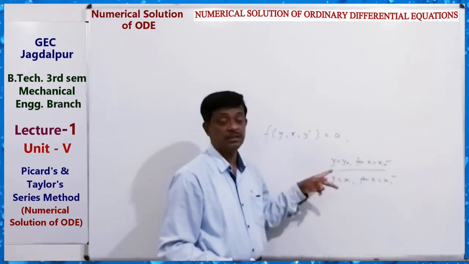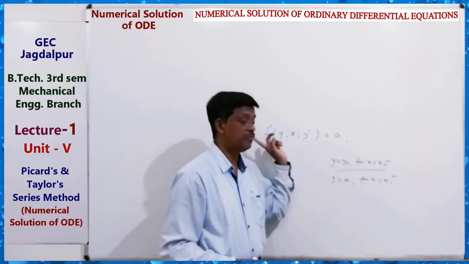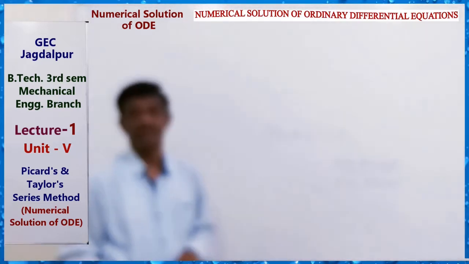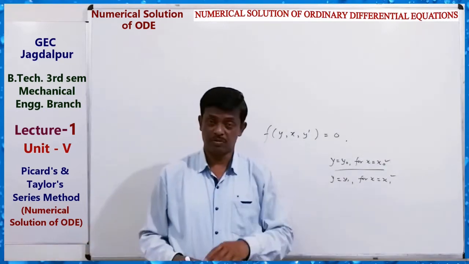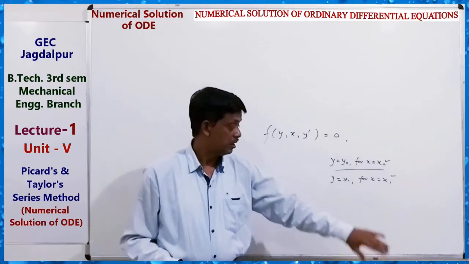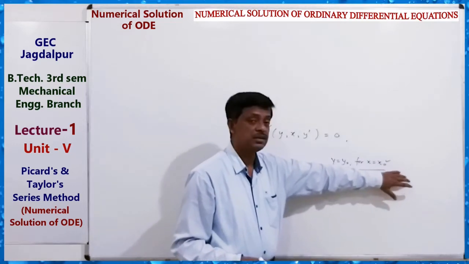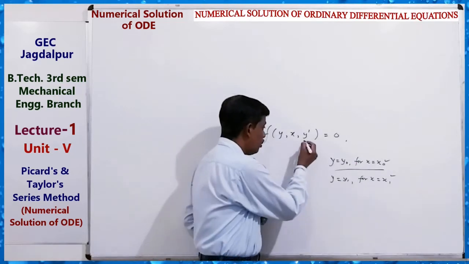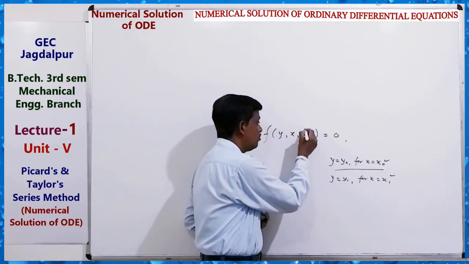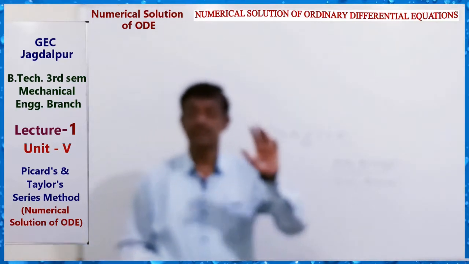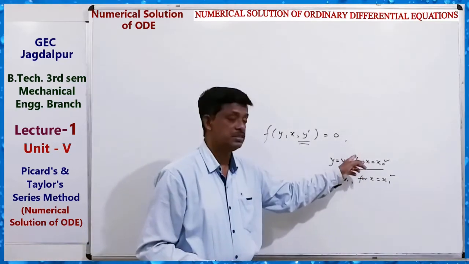Then we say that this type of equation is a boundary value problem, because initial condition becomes boundary condition. If we have only a single condition, then we can say initial condition, and if only involving first order derivative, then this is a first order differential equation with initial condition.